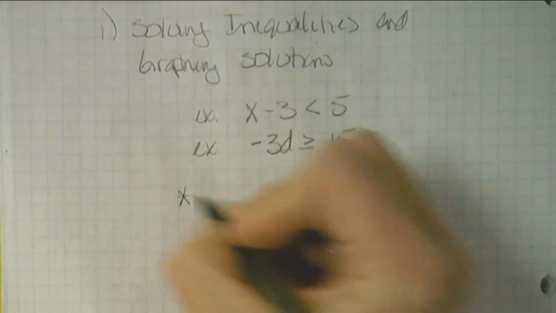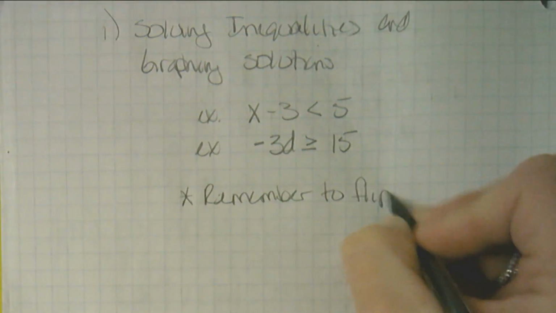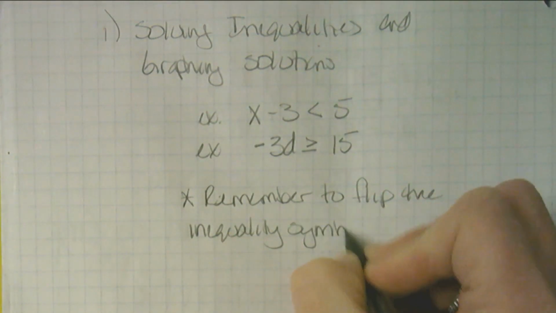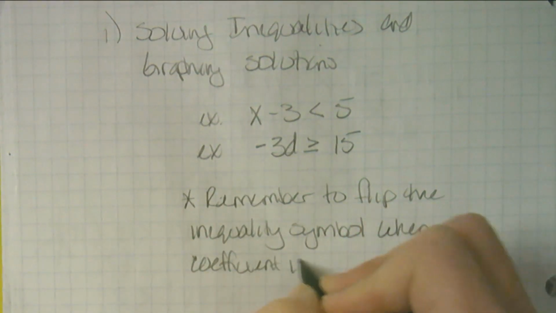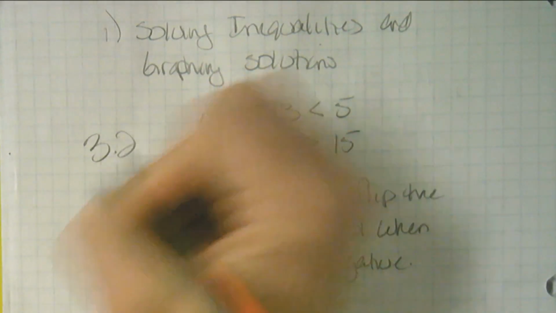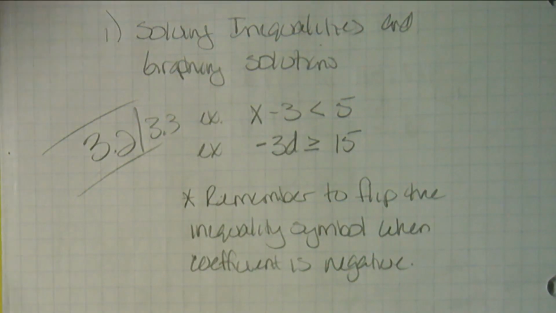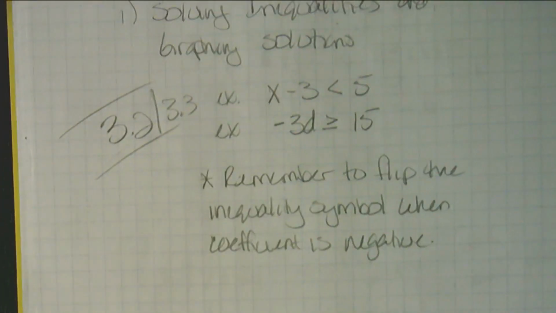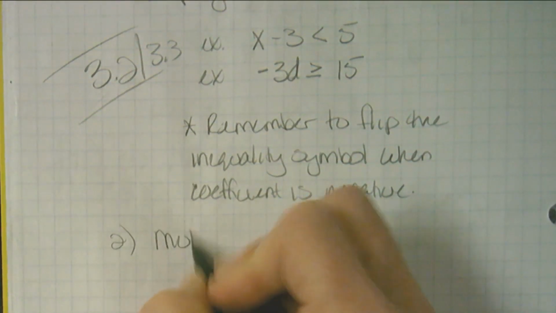The thing to remember is, remember to flip the inequality symbol when the coefficient is negative. All right, this is 3.2 and 3.3. All right, we also did multi-step inequalities.